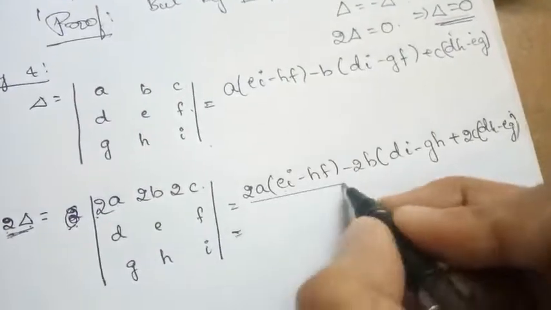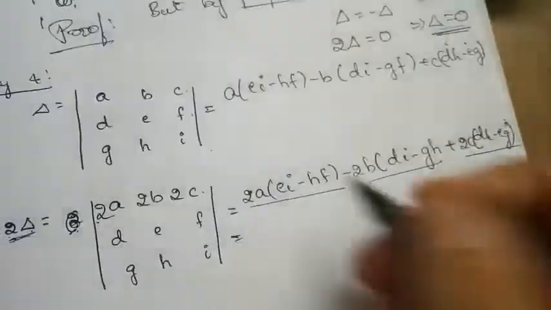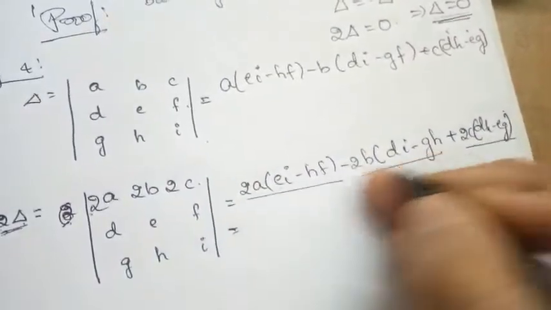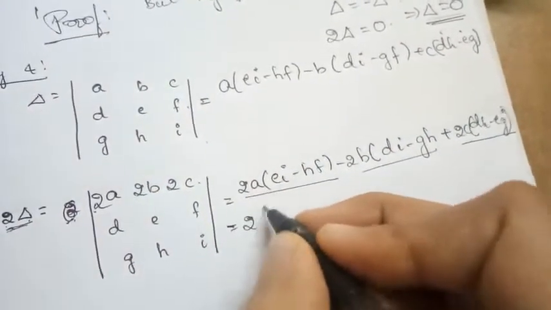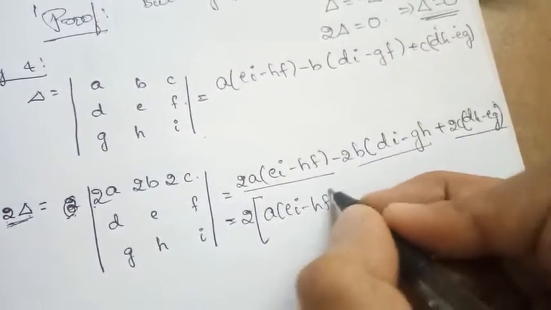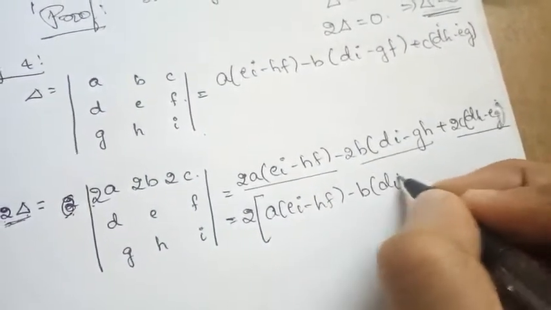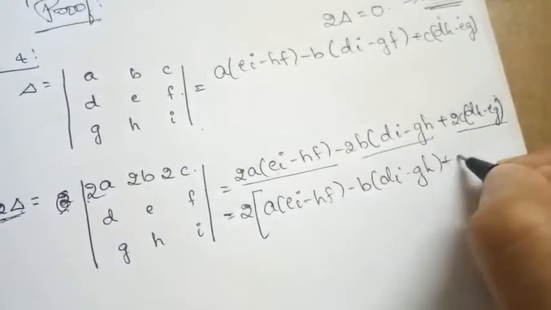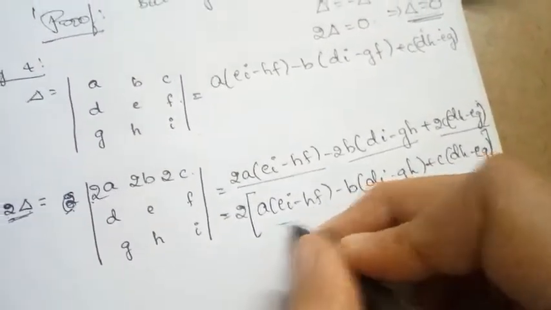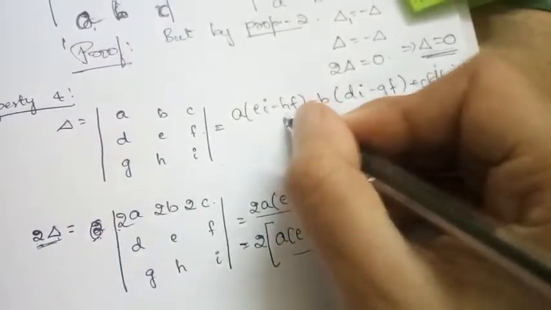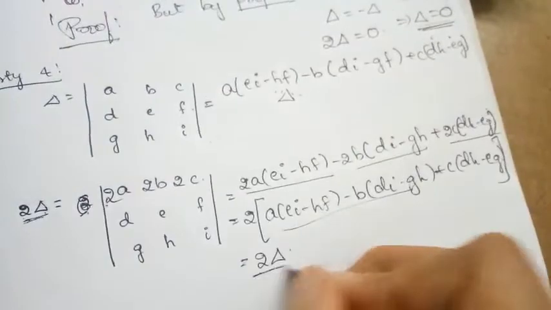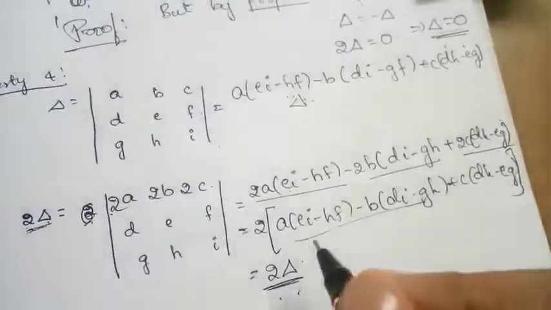There are 3 components in this expression, so I remove k common from them. After removing k, what I got is A(EI minus HF) minus B(DI minus GF) plus C(DH minus EG). This is nothing but our determinant delta, right? You can compare here, that is k times delta.